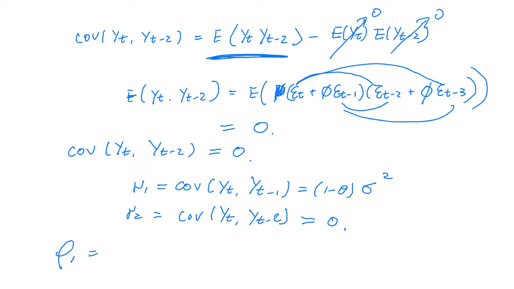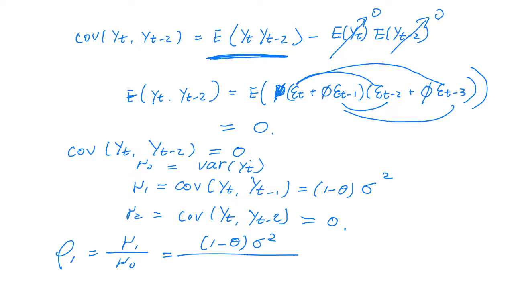Rho 1 is gamma 1 divided by gamma naught, and gamma naught is just the variance of yt. Variance is just one term, so this one will be larger than 0.